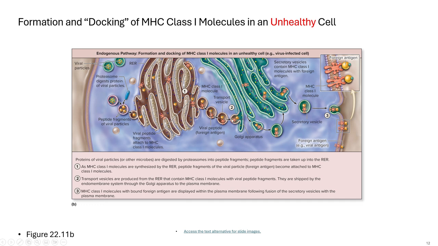It gets incorporated into the Golgi, packaged into a vesicle. The vesicle gets secreted and incorporates that MHC molecule with its, in this case, foreign antigen into the membrane, right?